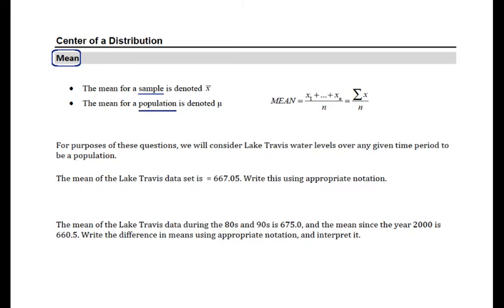So if it is a sample, we use x bar, which we pronounce x bar just because it's an x with a little bar over it. If we are working from a population, we use this Greek letter mu. Looks kind of like a U, but it has an extra little tail at the front.